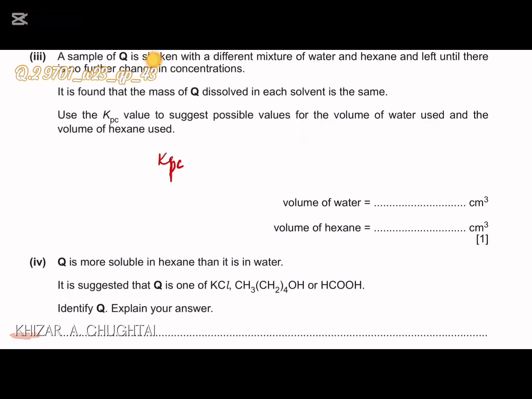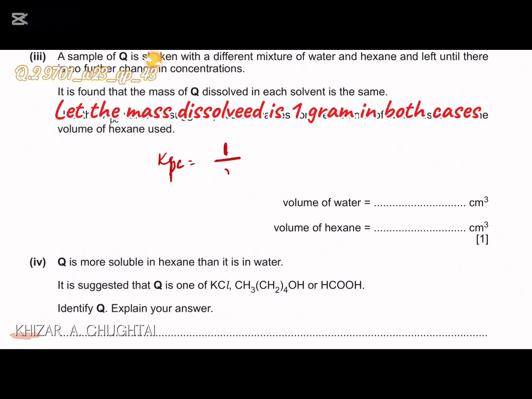So Kpc is equal to, where X is the centimeter cube of hexane and Y is the centimeter cube of water.